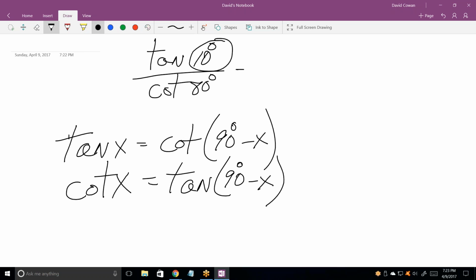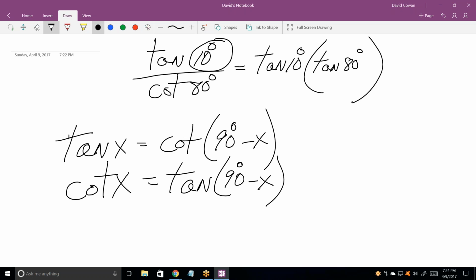Well, it turns out, first of all, cotangent is the reciprocal of tangent. So I can make this statement. Hold on a minute. Is that a true statement?